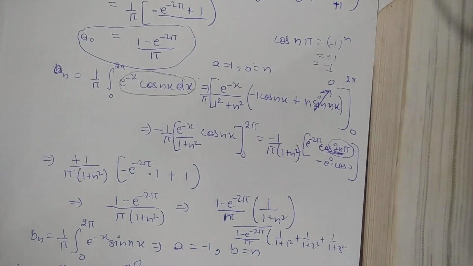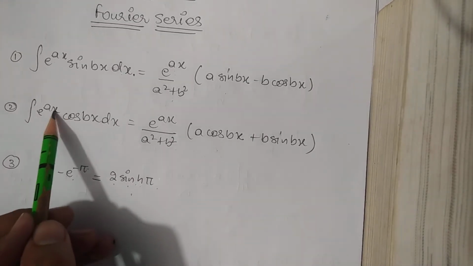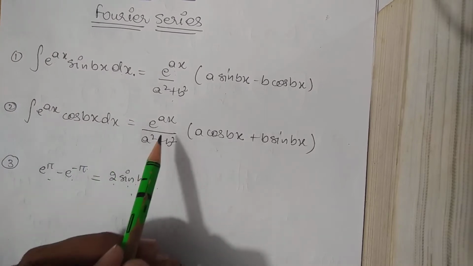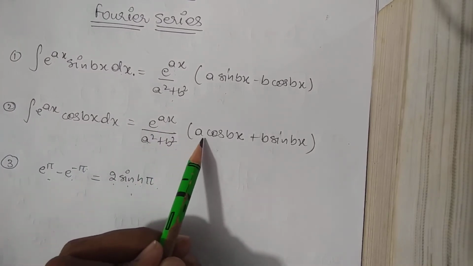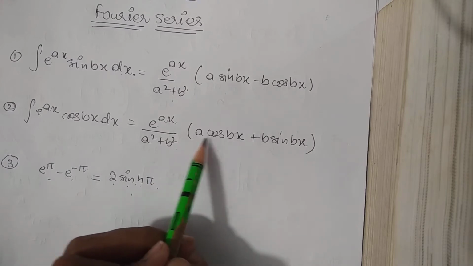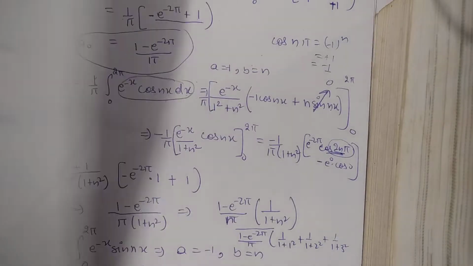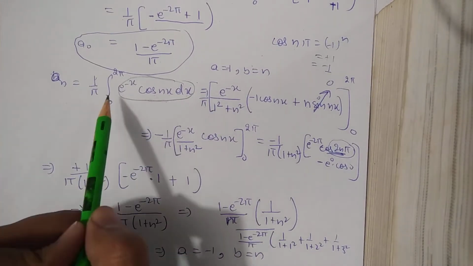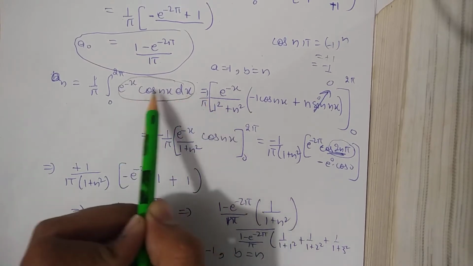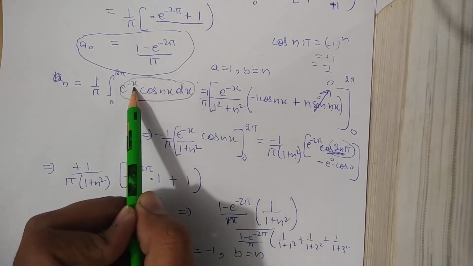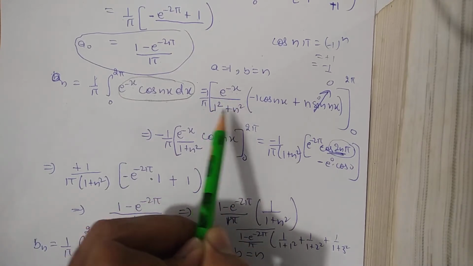For this type of integration we have some different formulas. The integral of e power ax cos bx dx equals e power ax divided by a square plus b square, multiplied by the bracket a cos bx plus b sin bx. By putting this formula, we take 1 by pi common, and inside, e power minus x divided by a square plus b square.